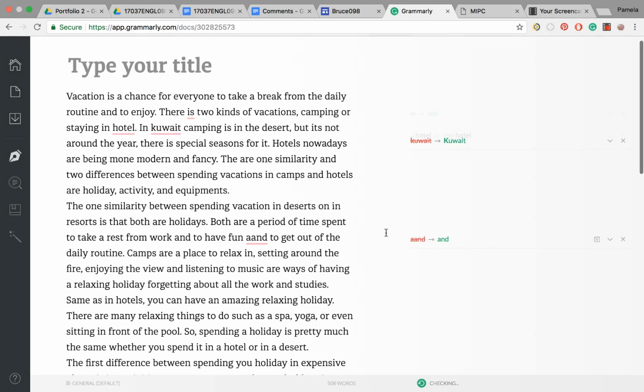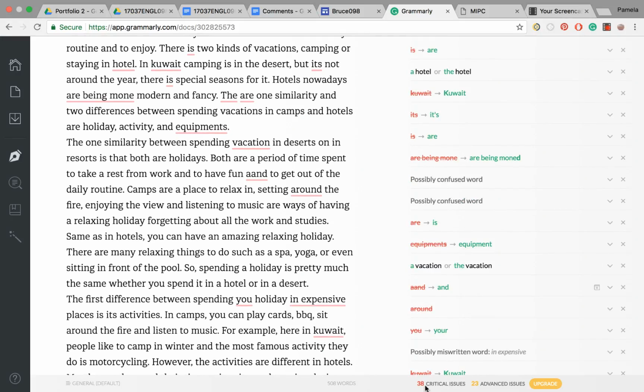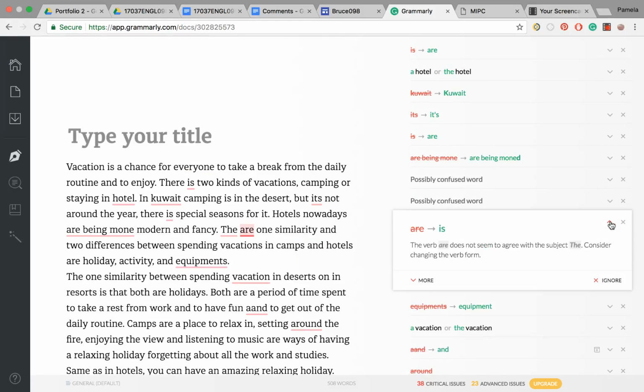And what happens is Grammarly will check and notice how it says you've got 38 critical issues. So it's found 38 things that you can fix. And it goes ahead and it doesn't just tell you what needs to be fixed. It also gives you information on why they think that this is a problem.